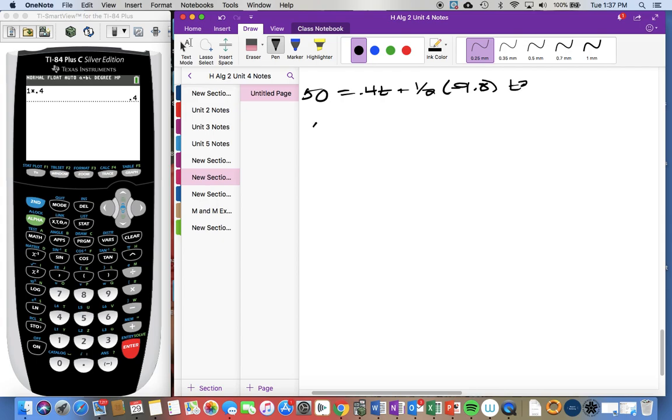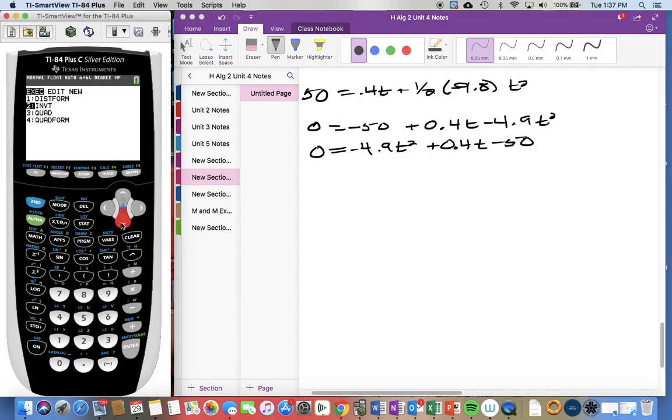So then moving some stuff around, 0 is equal to negative 50 plus 0.4t minus 4.9t squared. And then remember, I like to put stuff in standard form, so negative 4.9t squared plus 0.4t minus 50.